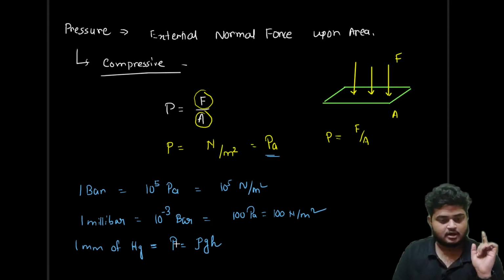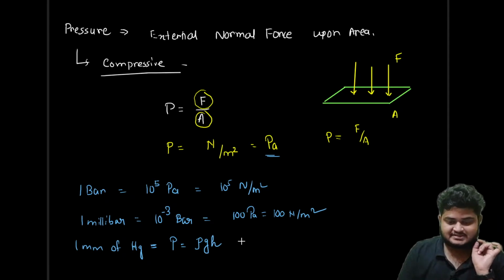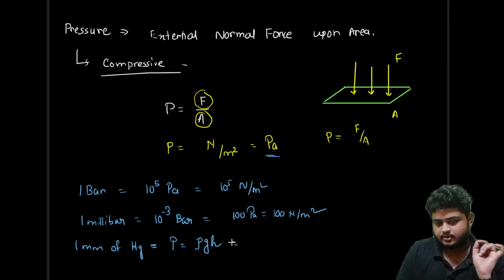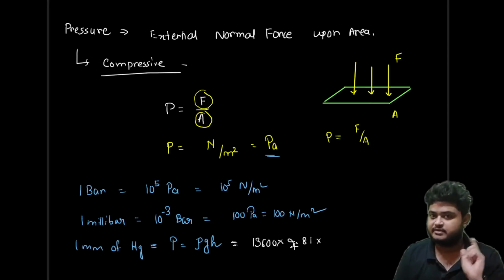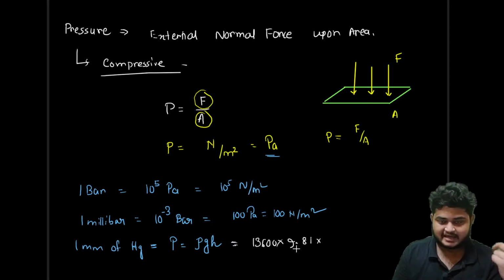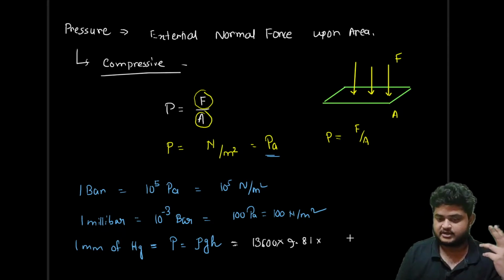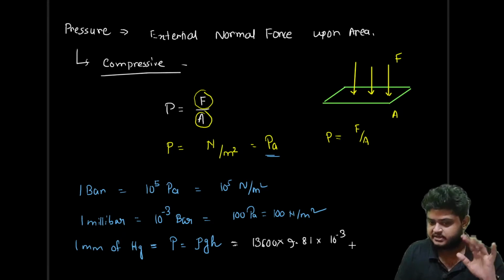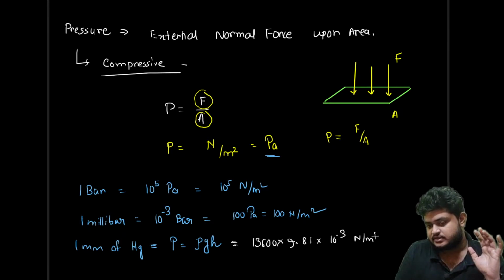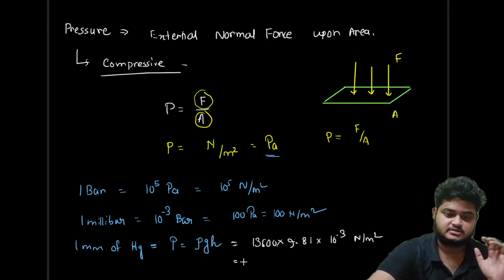With the same concept here, I will write that the rho of Hg is 13,600, gravitational acceleration is 9.81, and the h here is given as 1 millimeter, but I have to calculate it in meters, right? So it will be 10 to the power minus 3 meter. So it will come out as Newton per meter square.